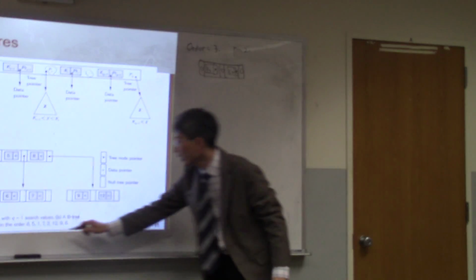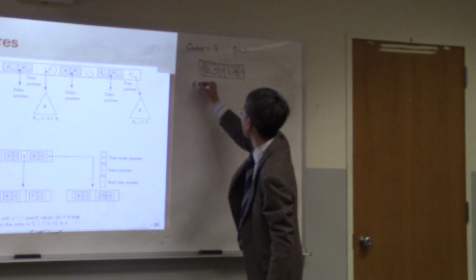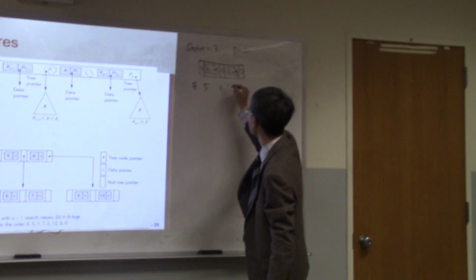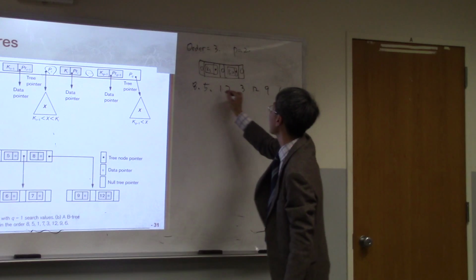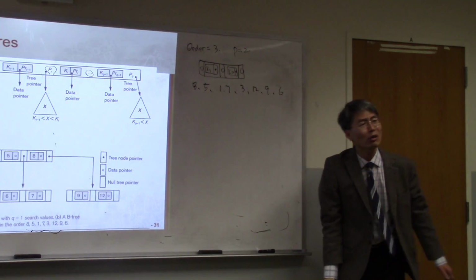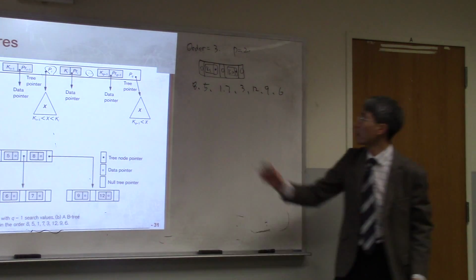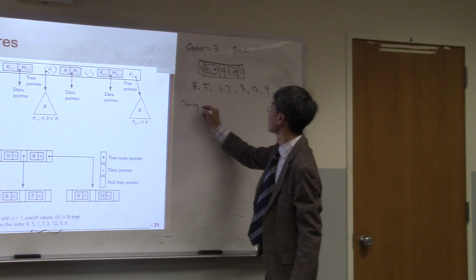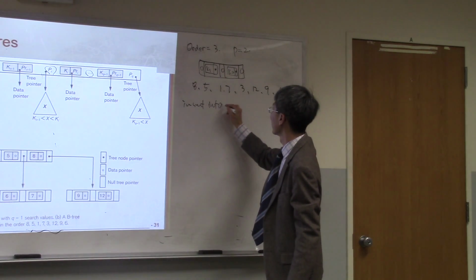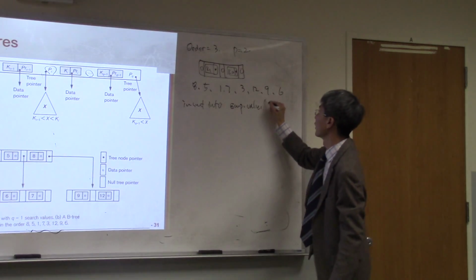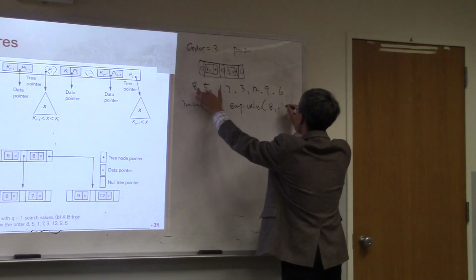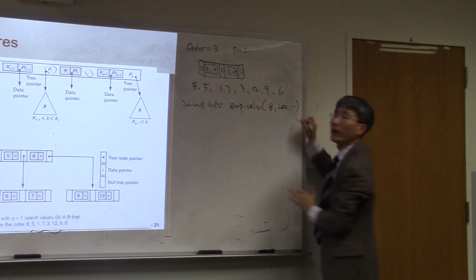Then we are going to insert these numbers: 8, 5, 1, 7, 3, 12, 9, 6. Actually, when you insert the data, you are not going to insert only the key. You would insert an EMP record, for example value 8, Lee, and other information.